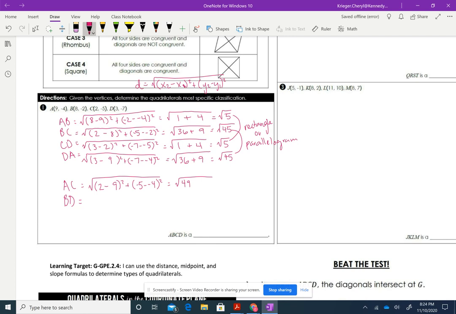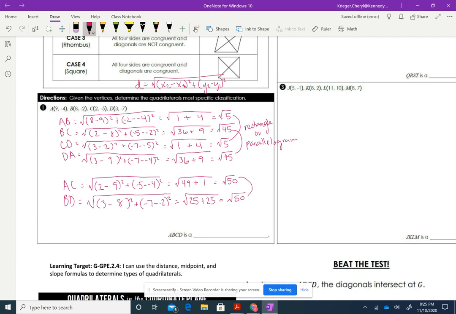Negative 7 squared is 49, plus negative 5 plus 4 is negative 1 squared, square root of 50. Okay, same thing here for BD. I know you guys are getting tired of the distance formula, so let's see. BD, I have 3 minus 8 squared plus negative 7 minus negative 2. 3 minus 8, that looks like negative 5 squared is 25. And negative 7 plus 2 is negative 5. Squared is 25. So I got the square root of 50.